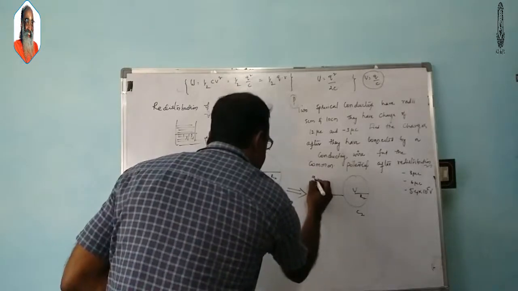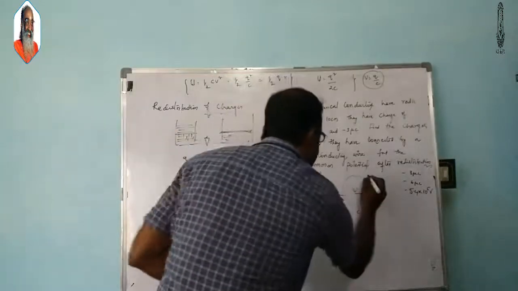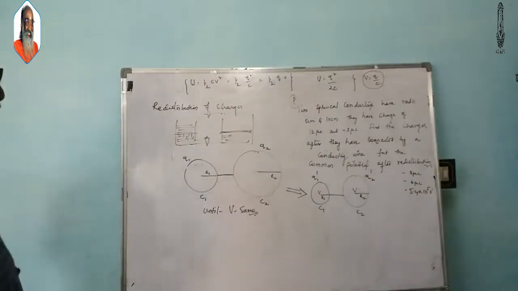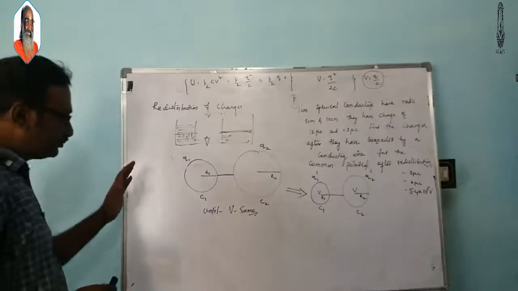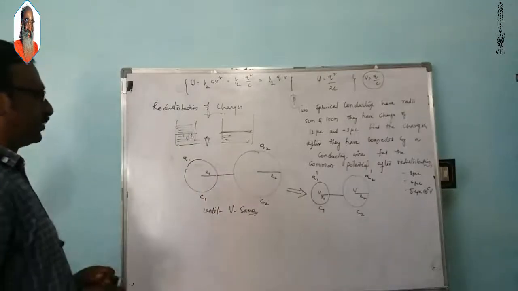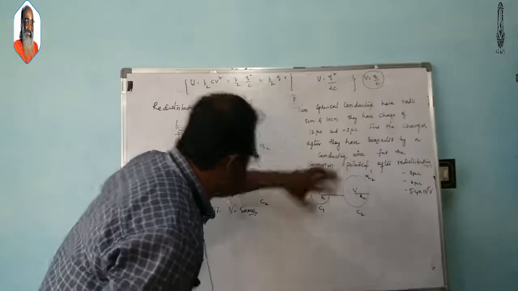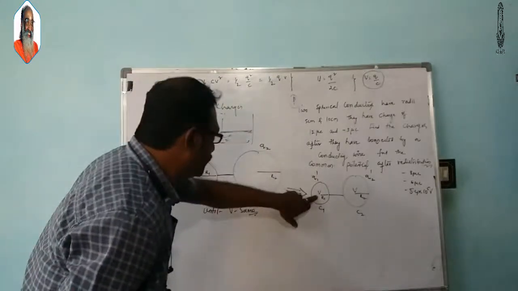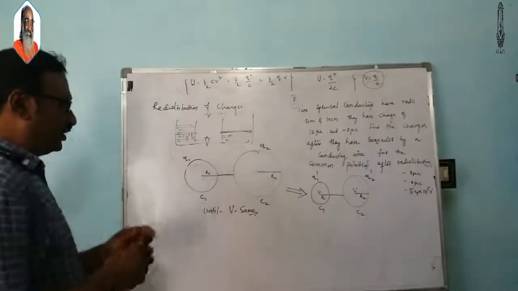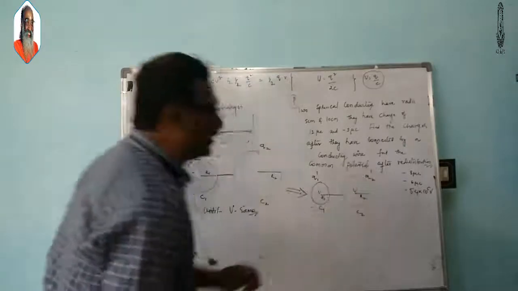You can call it Q1 dash, and this Q2 dash. From this, we want an expression: what is the new amount of charge on each body after redistribution, and what is the common potential after redistribution.